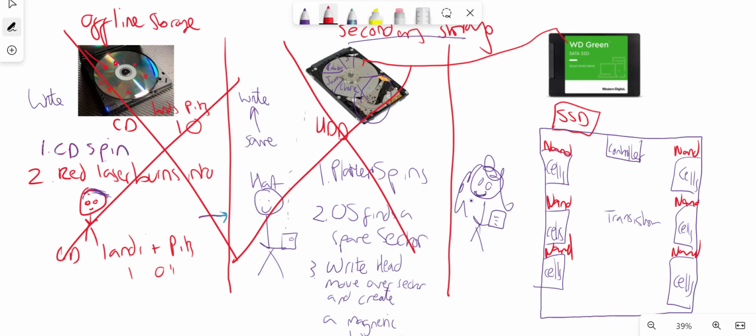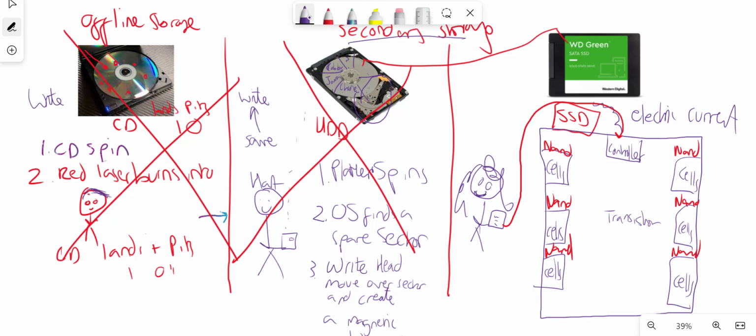So what happens is, she writes a poem and she clicks save. It'll then go to the controller. It will arrive at the controller as basically electric current. So it's like an electric current which goes to this controller.